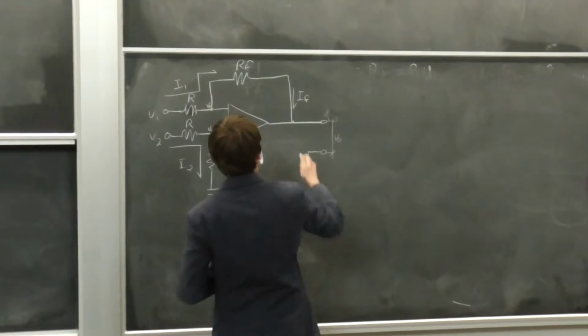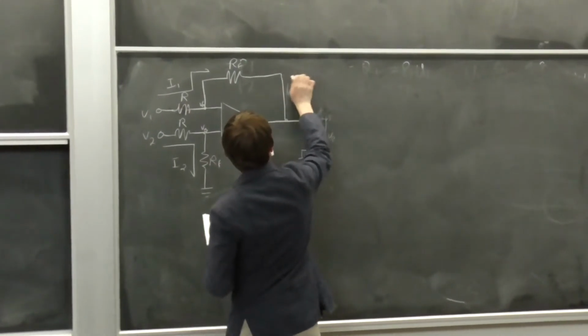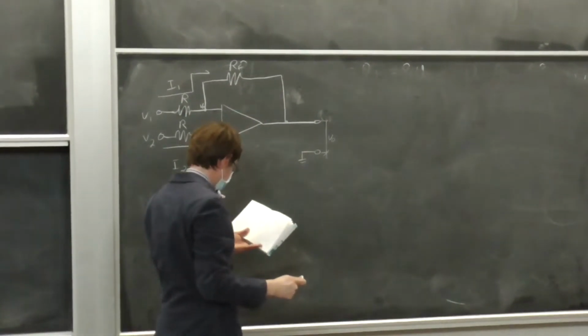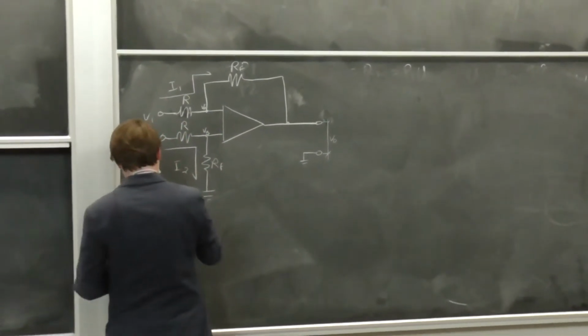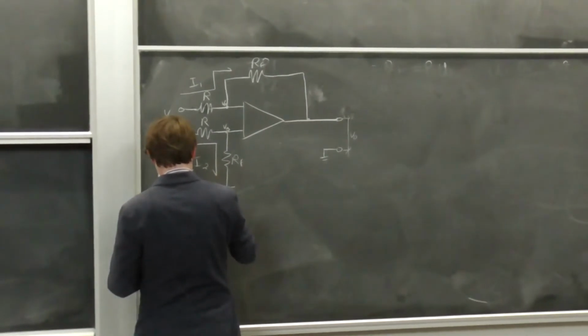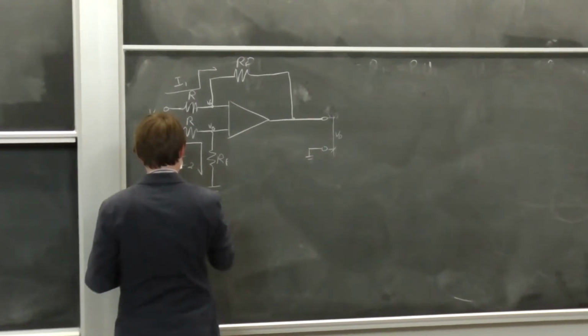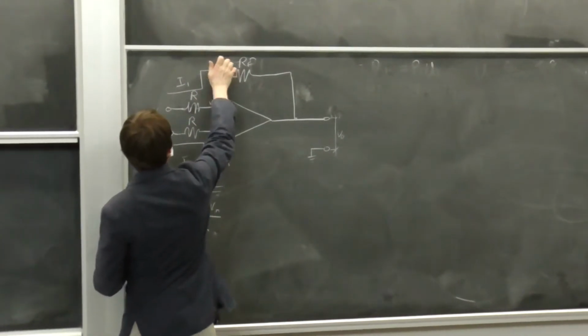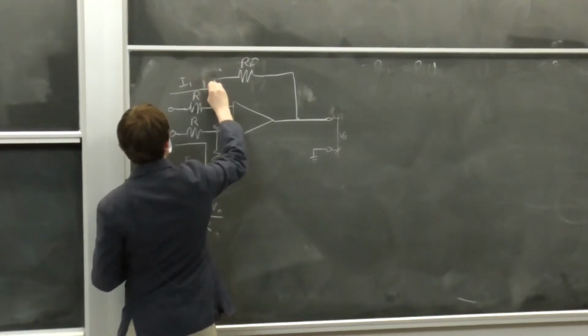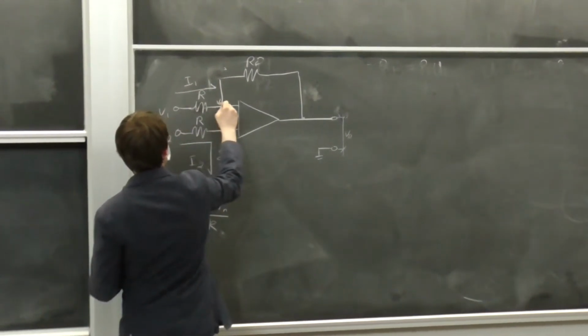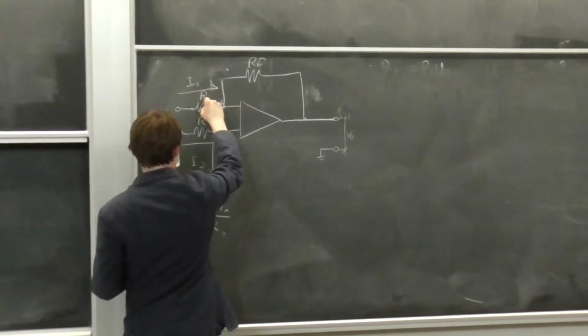I think I got it correct. So I1 is equal to V1 minus VA over R. So, voltage across this resistor, V1 minus VA over R.